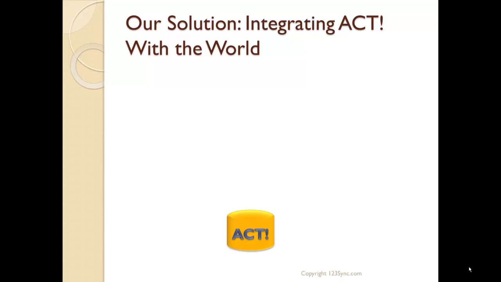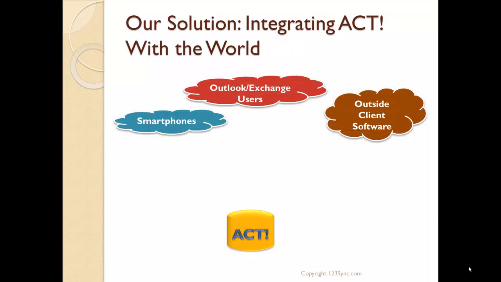You have the ACT database, and then here we have all the smartphones, all the Outlook and Exchange users, and outside client software that integrates to Exchange. And all these items end up integrated with Microsoft Exchange. Up to today, we've seen that all the cell phones, smartphones, and tablets have an Exchange integration module that is embedded into the system.